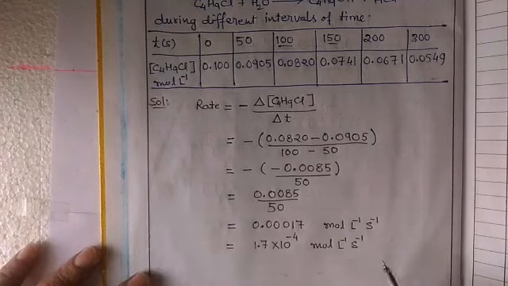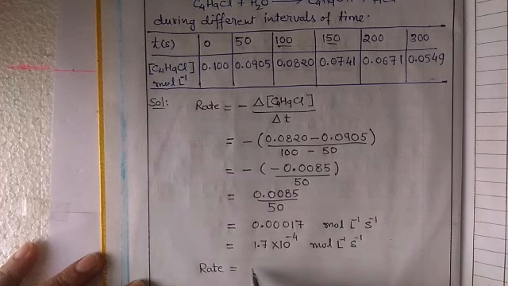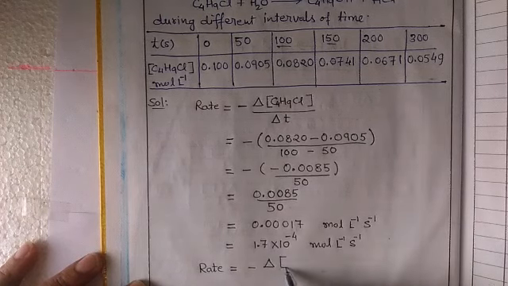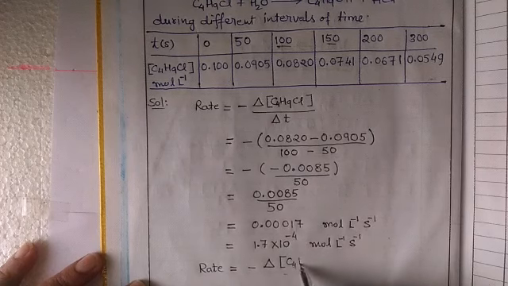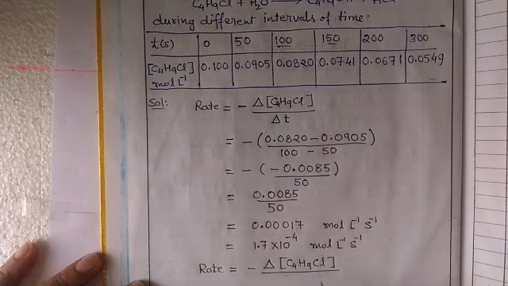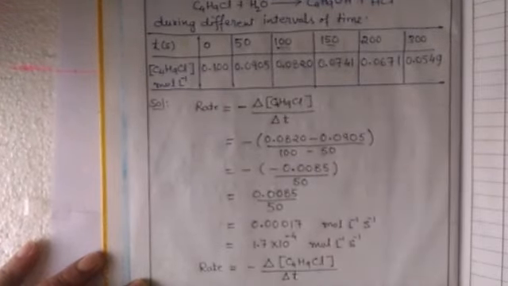So let's note it down once again. I'm again writing the formula. Average rate, the rate will be negative because it is a reactant, butyl chloride C4H9Cl. Now this is change in concentration of butyl chloride divided by change in time.